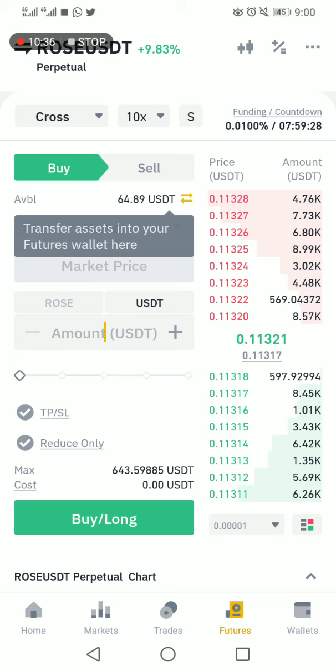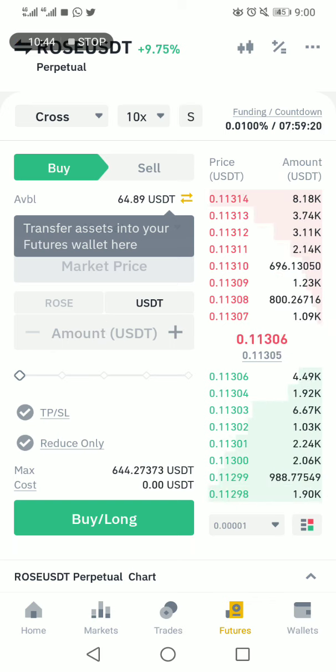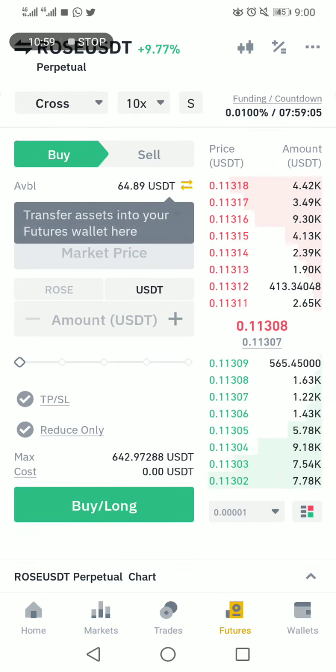So far I've come to understand that the secret of futures trading, no matter how risky it may be, is good technical analysis. Once you have good technical analysis and a good source of signals to enter the market, and you trade it well, you will definitely come out with good profits. So that is it about futures trading.